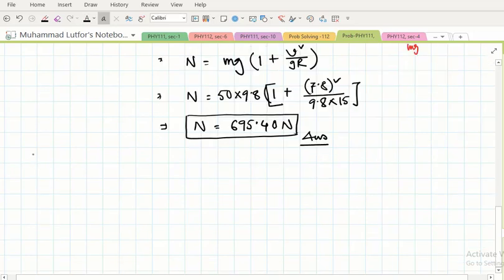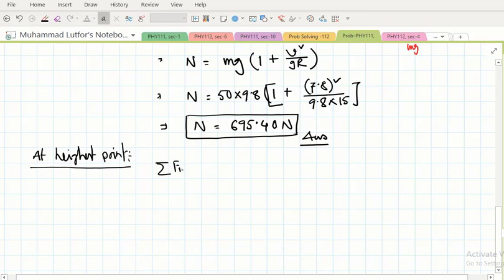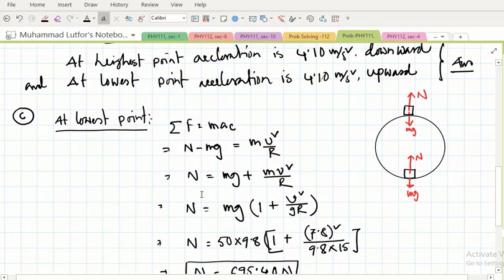Now at the highest point, or the top point, we can write that F net must be equal to ma, and this a_c would be in the downward direction, right? If we choose this as my positive x direction and this as my positive y direction, at the lowest point the centripetal acceleration is towards the positive y direction, but at the top point the centripetal acceleration is in the downward direction towards the center, right?